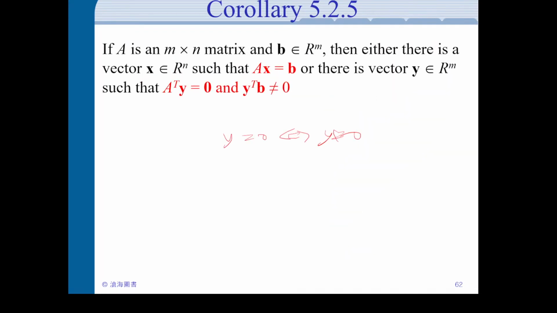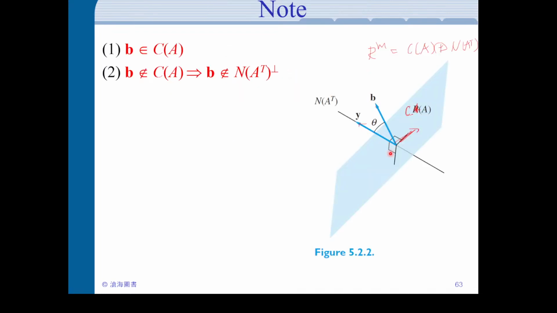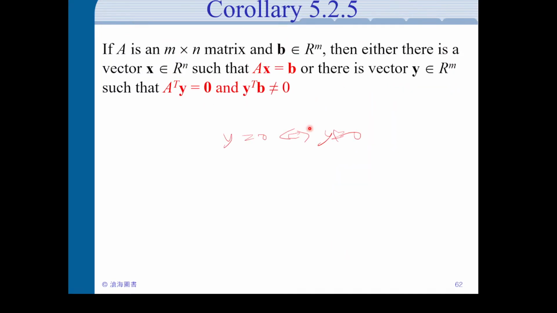So we see that we can decompose any vector inside Rn into a component inside the range of A and a component inside the null space of A transpose. If the component inside the null space of A transpose equals 0, then the equation is consistent.